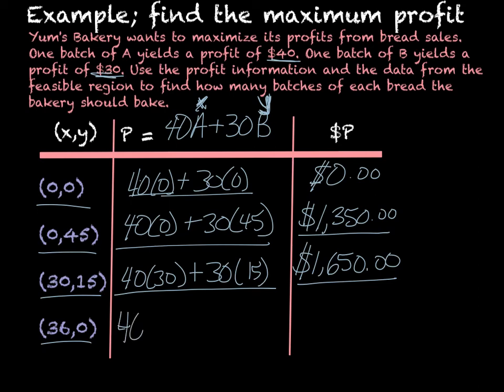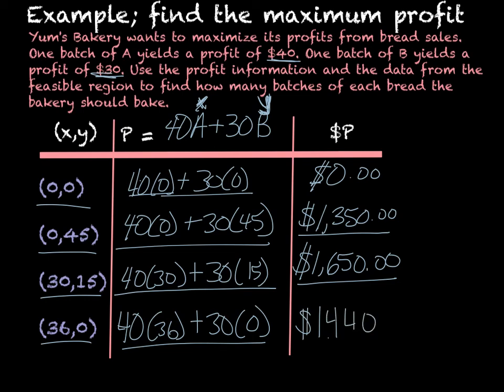40 times 36 plus 30 times 0. 40 times 36 is going to give me 1,440 plus 0, so $1,440. And then I find which one is the most.